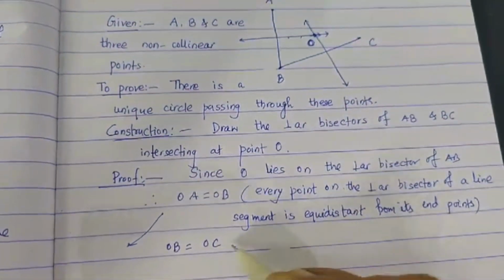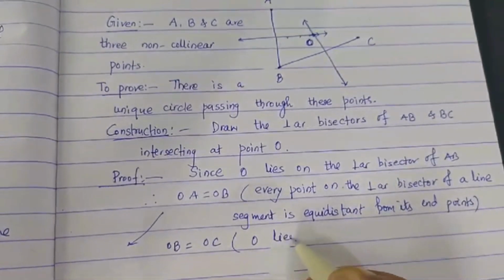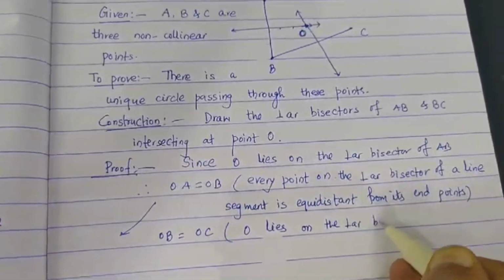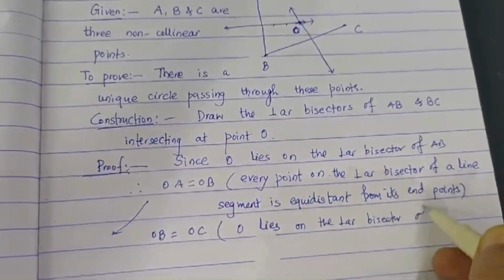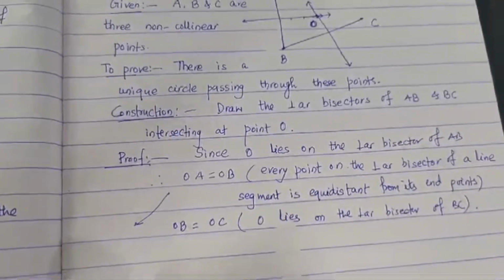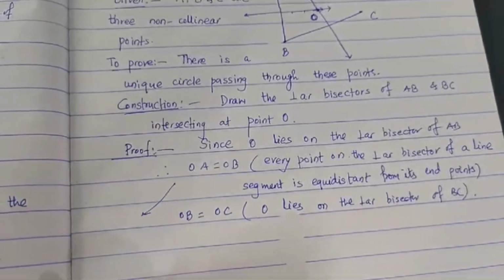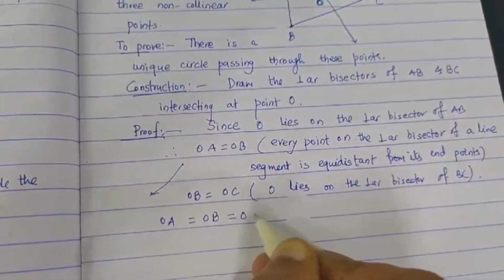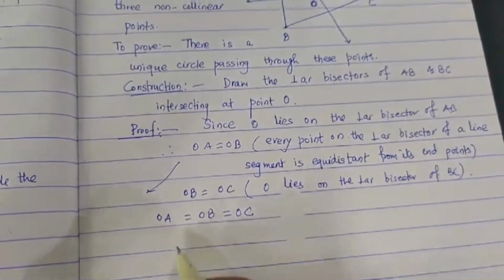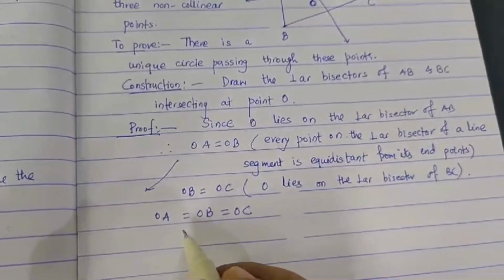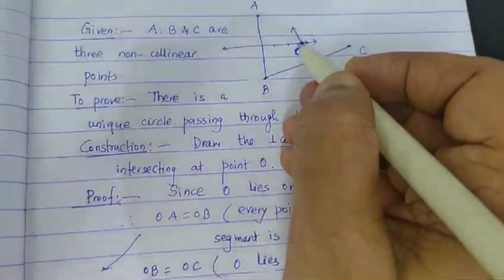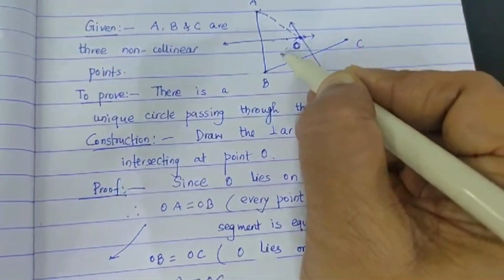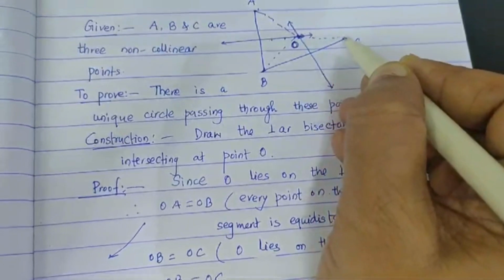Since O lies on the perpendicular bisector of BC also. Now OA equal to OB and OB equal to OC. Now we can say that OA is equal to OB is equal to OC, which means that these 3 points A, B and C are equidistant from this point O. Let us join OA, OB and OC.